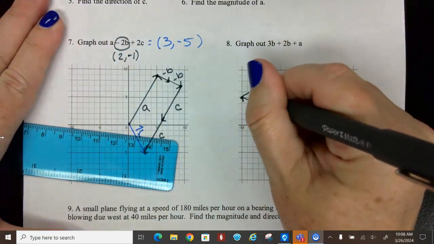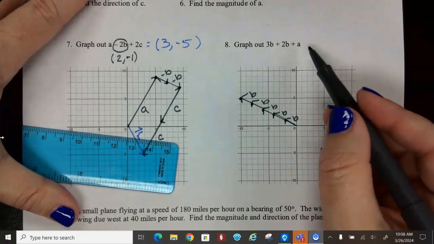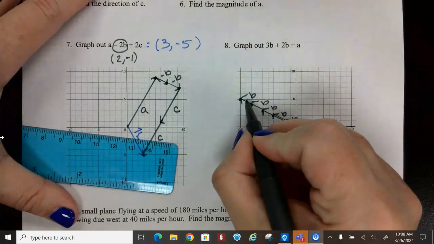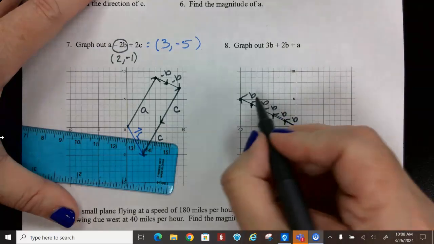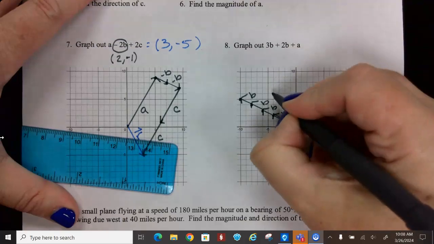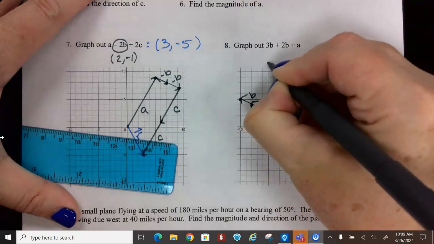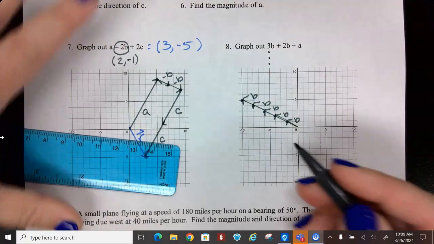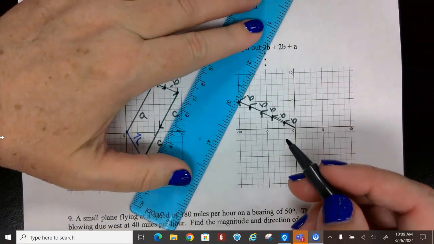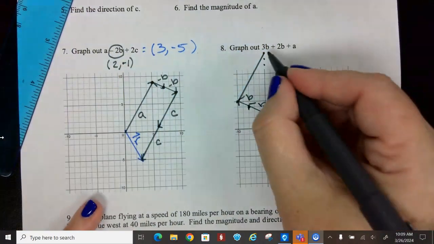So some more B's. Now A is 5, 9, and we're only going to do one of those. So 5 to the right, and we ran out of room. 1, 2, 3, 4, 5, 6, 7, 8, 9. Okay, and I'm so sorry about that, but oh well.